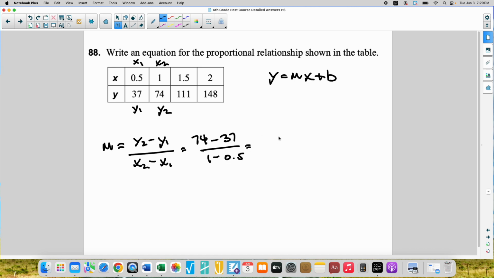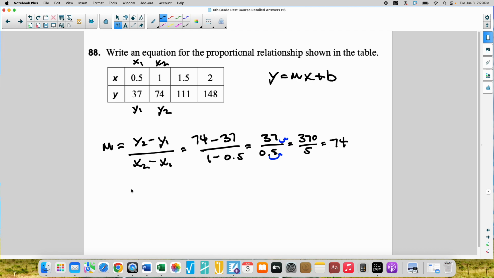So that gives me, what's that, 37 over 0.5, which simplifies to 370 over 5, because I moved the decimal point 1 place. I have to move that decimal 1 place. And now 5 goes into 37 7 times with 20 left over. So 74 is going to be my m.